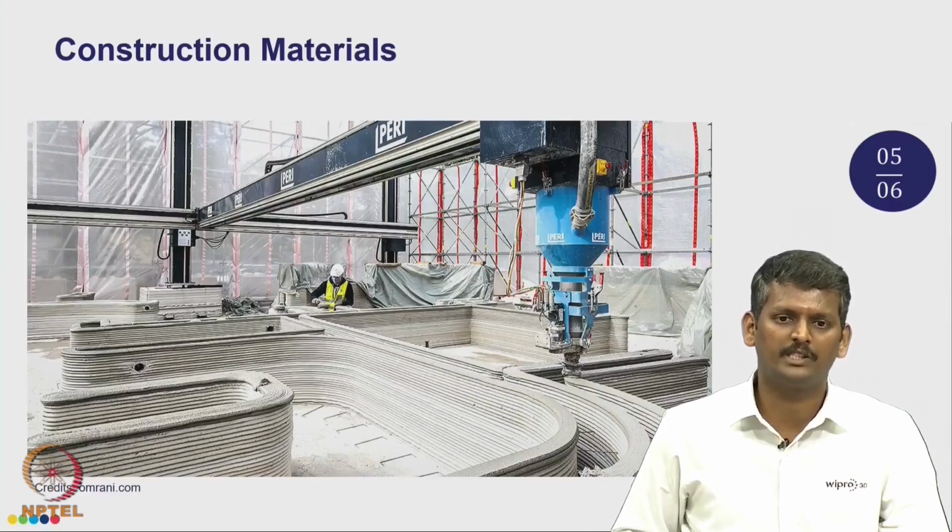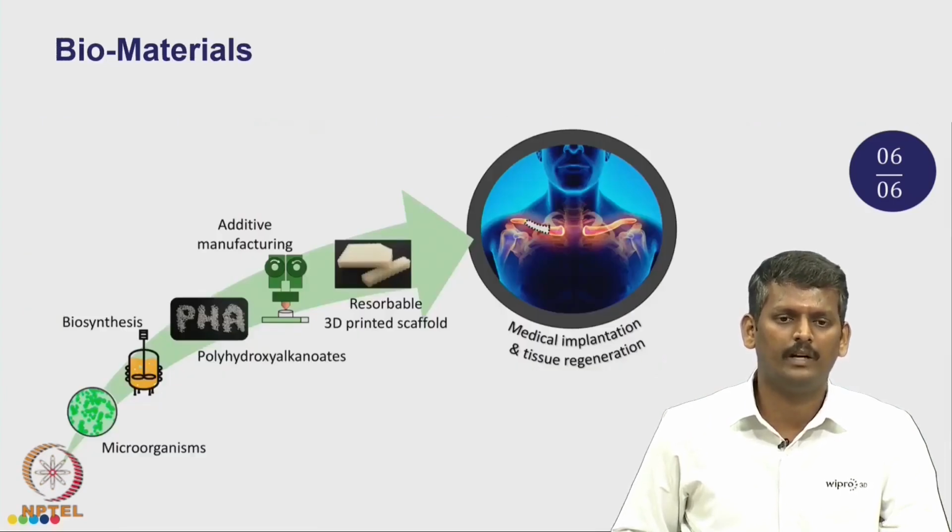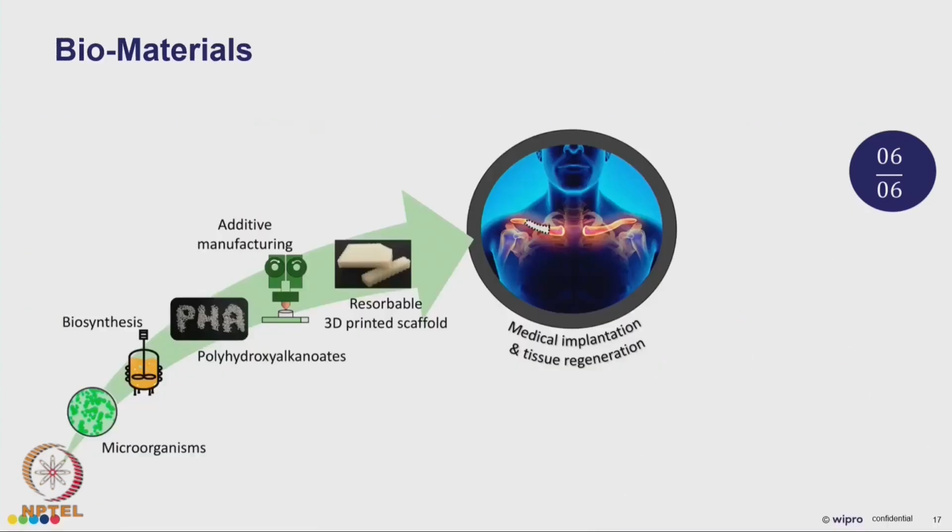Then we have seen construction materials, where people build buildings or pre-structured elements in a particular space, and then get them assembled using cement, mortar or any kind of construction materials.